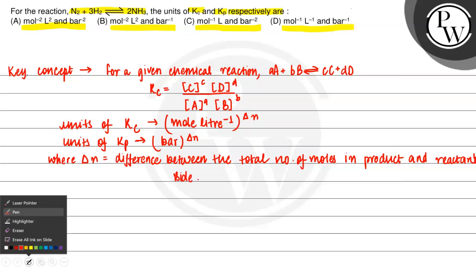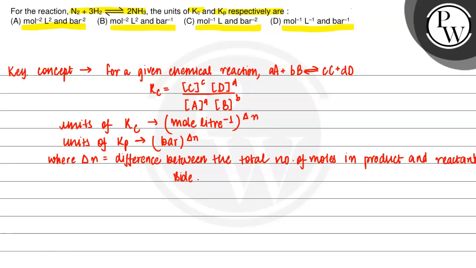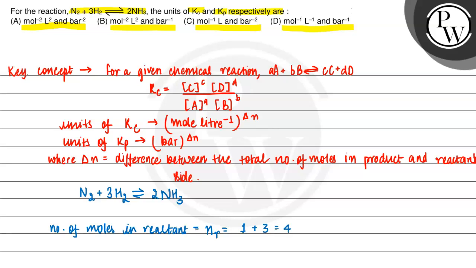Now, if we look into the chemical reaction that has been given to us, हमें chemical reaction दे रखा है N2 + 3H2 gives 2NH3. तो अगर हम इसमें देखें number of moles in reactant side, which we will represent by nR, it is 1 + 3, which is equal to 4.